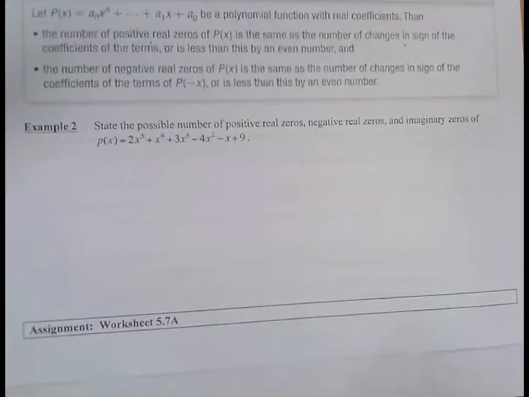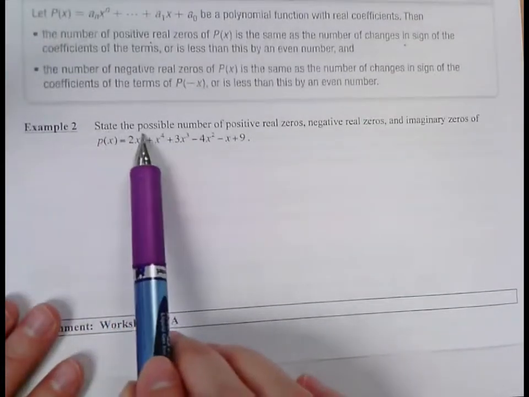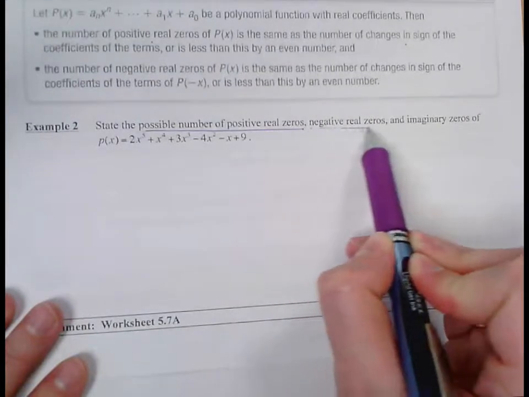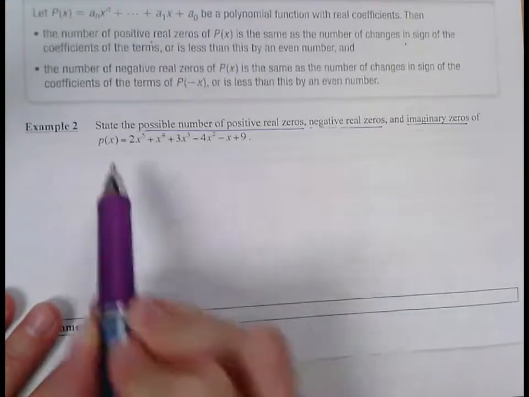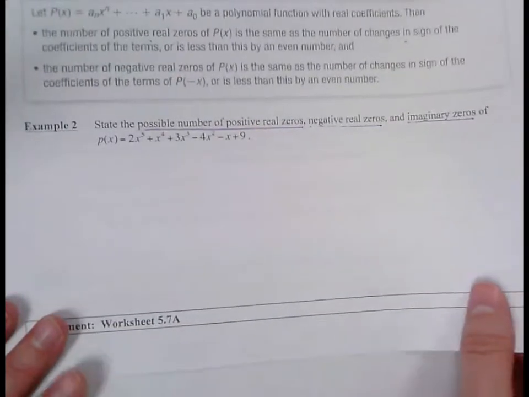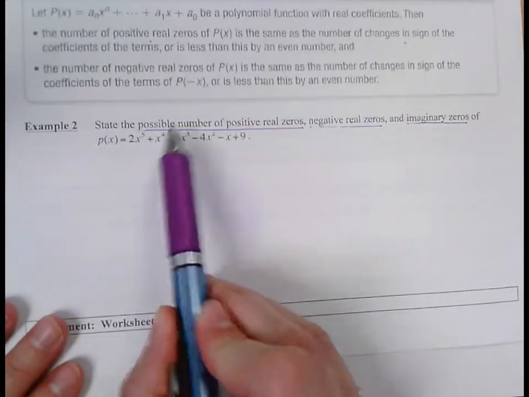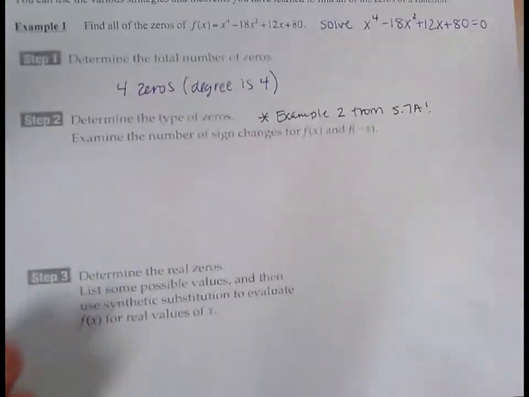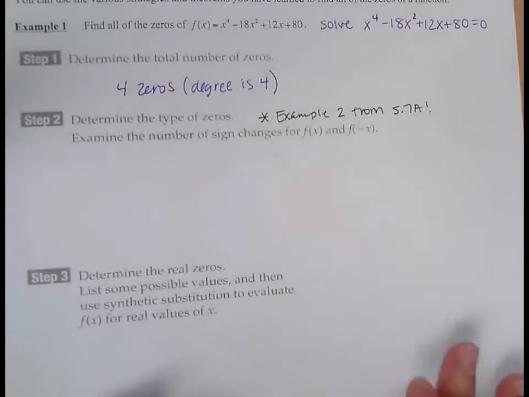These examples would say, state the possible number of positive real zeros, negative real zeros, and imaginary zeros of the polynomial. So you're not finding the zeros, you're finding the possible number of positive real, negative real, and imaginary zeros. And I will explain when we get to step 3 how that can be helpful here.